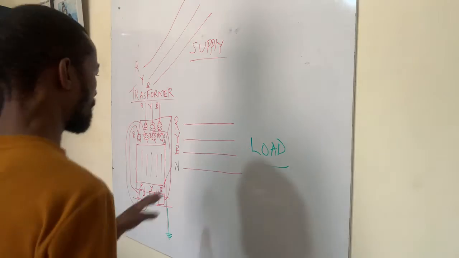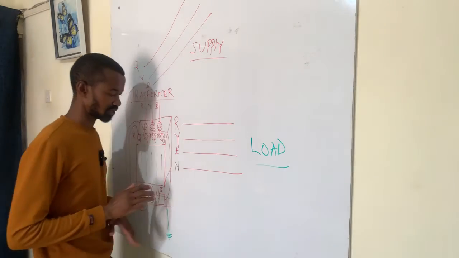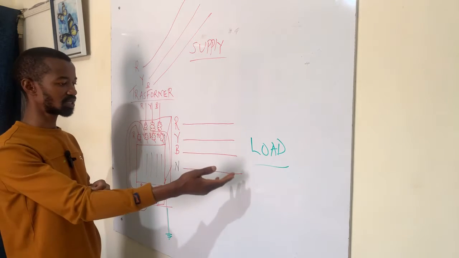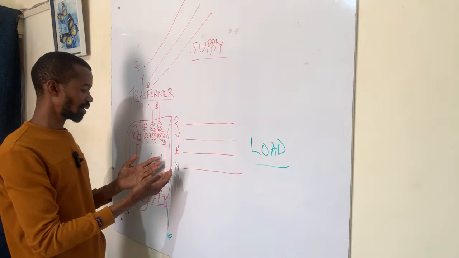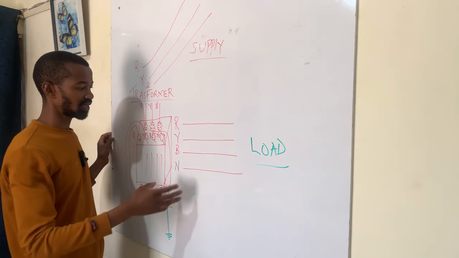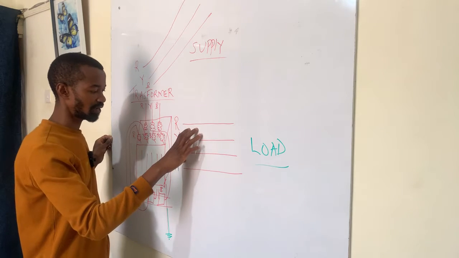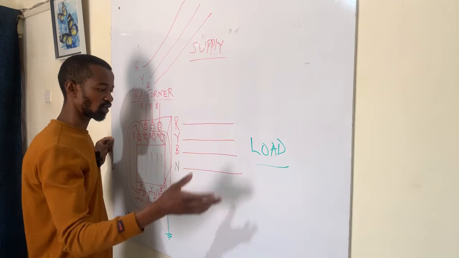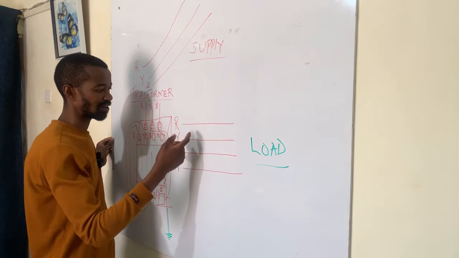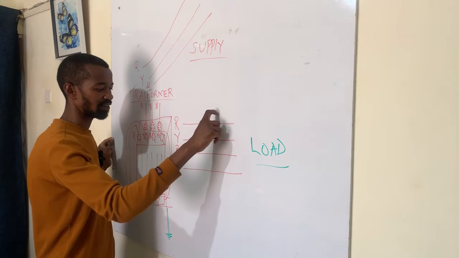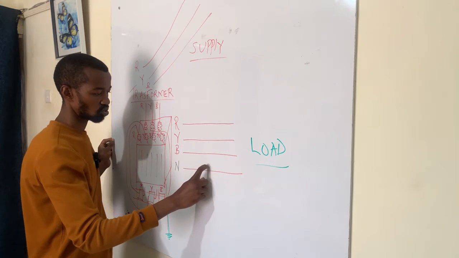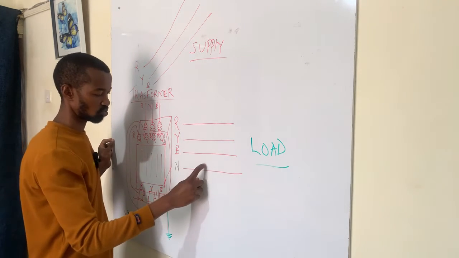Now, when we are talking about the load, in most cases for this type of setup, you'll find that the load is fed through single phase connections, whereby we will have a connection from the red phase and the neutral, or from the yellow phase and the neutral, and blue phase and the neutral.